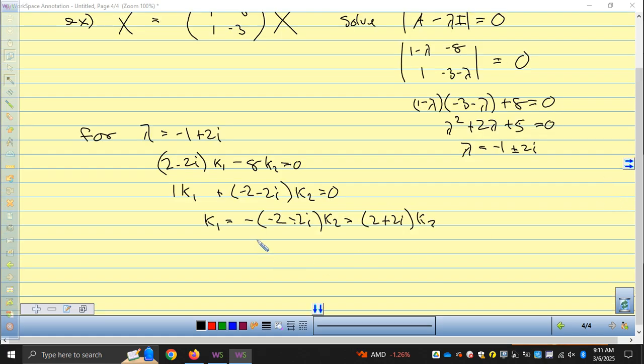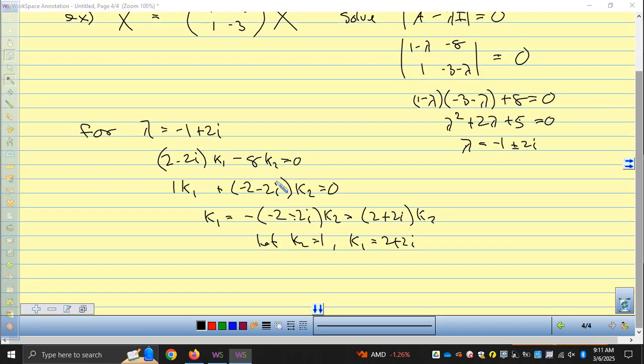So I let k2 equal 1, and k1 then is 2 plus 2i. If you use the first row, your eigenvector will look a little different, but it's still a valid eigenvector.